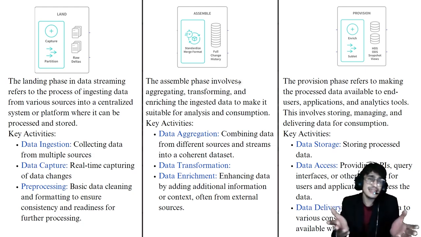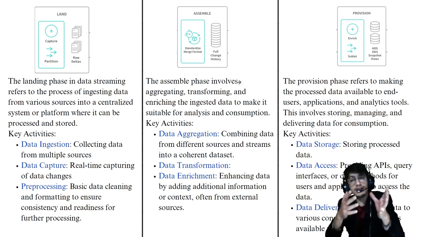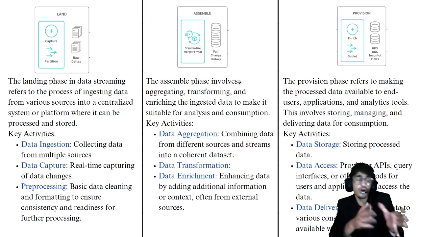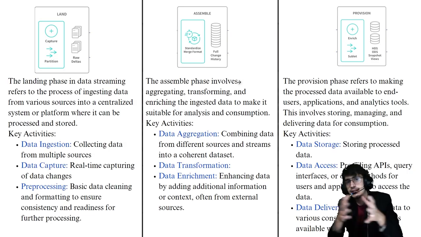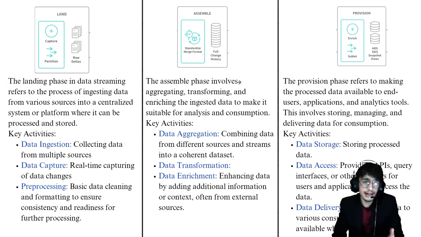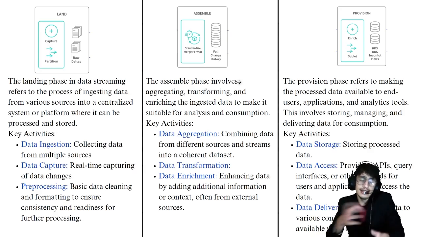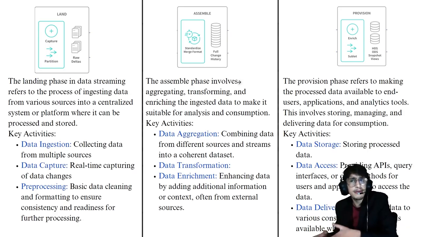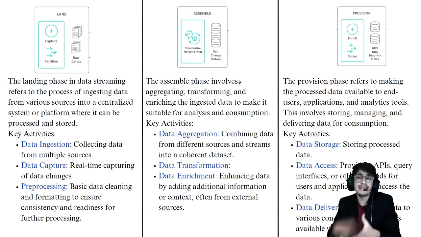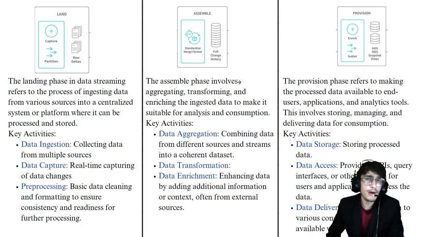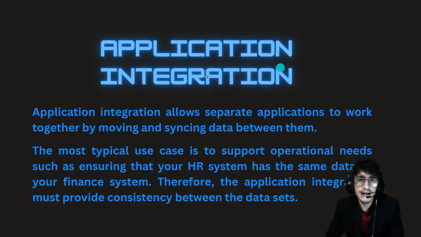But these are made for continuous data, meaning they are not taking data in batches, but as a continuous stream of data. Data is coming, then in the land phase it is collected in one form and data cleaning is done. After that, in assemble, data transformation and enrichment is done. In provision, data will become accessible, using API keys and other things. So this was all about data streaming, and after that, we have come to application integration.